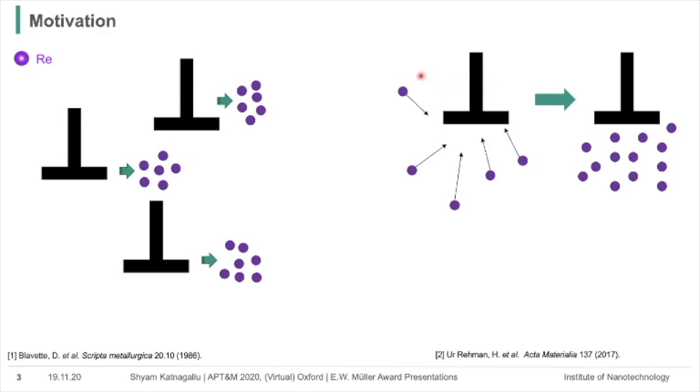Now, for a dislocation to break free of this solute atmosphere, it would require higher stress. And if it even breaks free, rhenium would be still mobile enough so that it can catch up and form this solute atmosphere again.